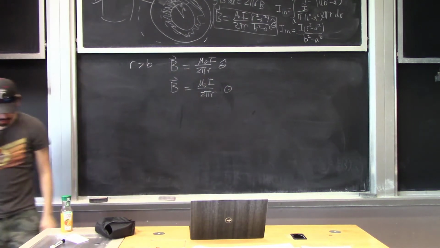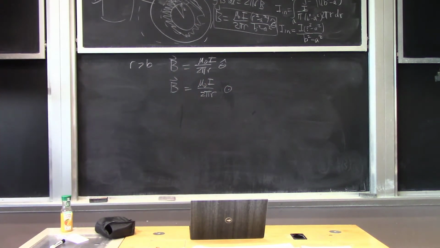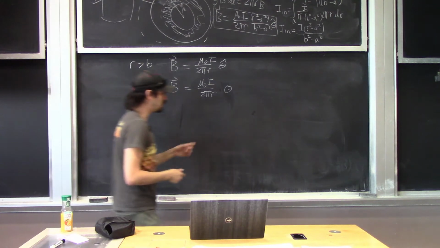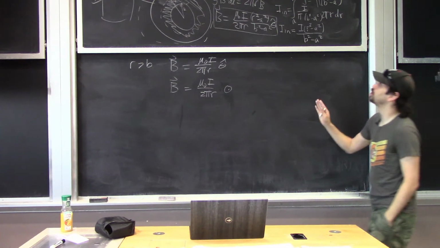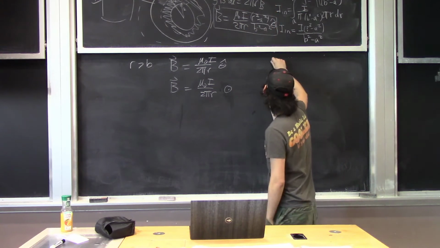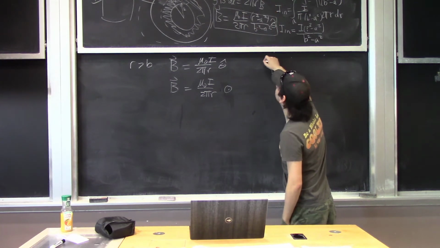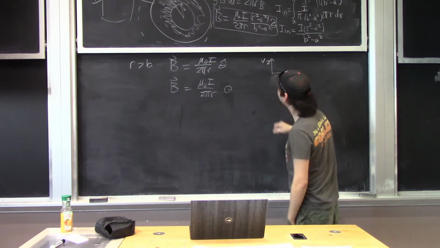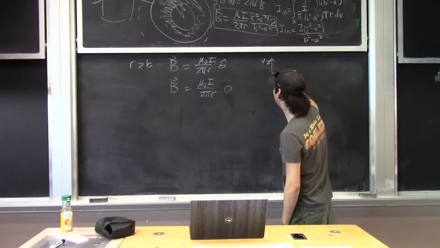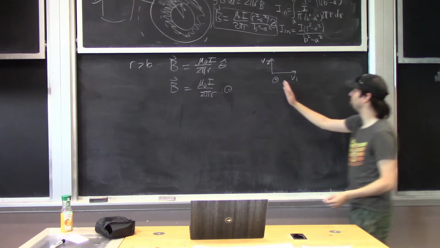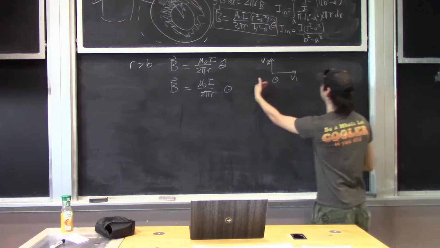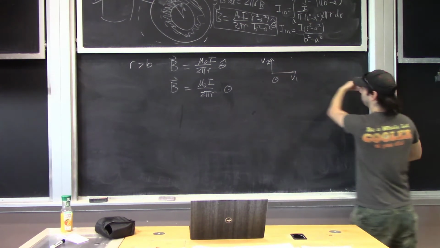Okay. So now we can find what the force is acting on this charge. We can break it down into two pieces. So there's going to be some force due to the motion that's going to be up. So let me just draw this again. There's this V2 and this V1, and we have B pointing out. There's going to be some force from the motion of this particle moving up, and some force from the motion of the particle moving to the right.